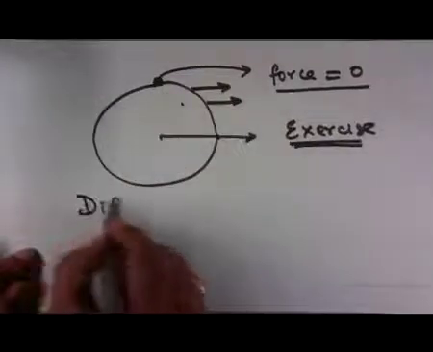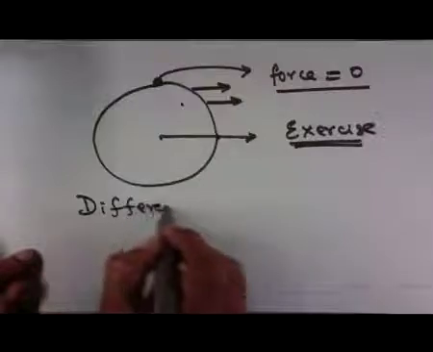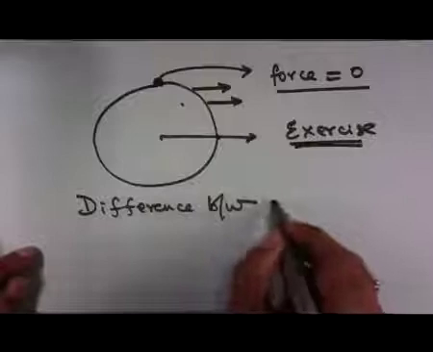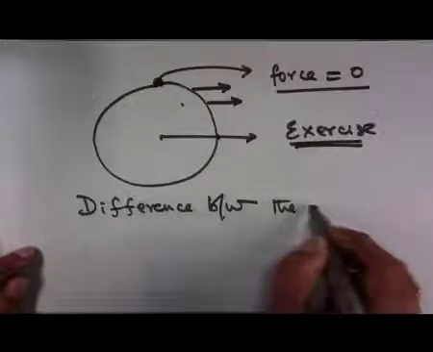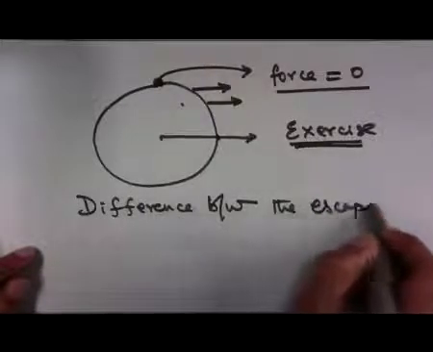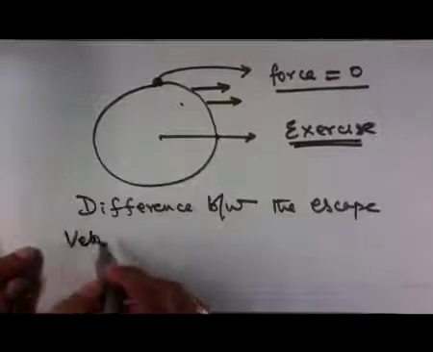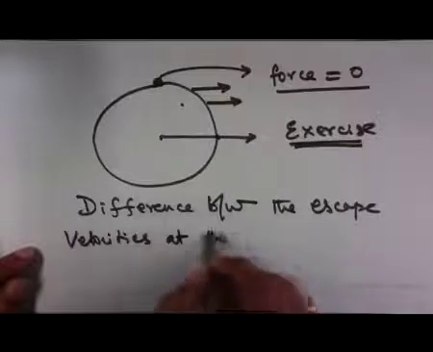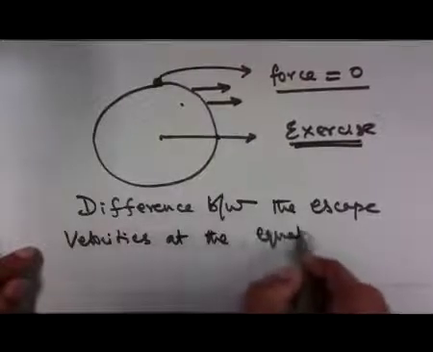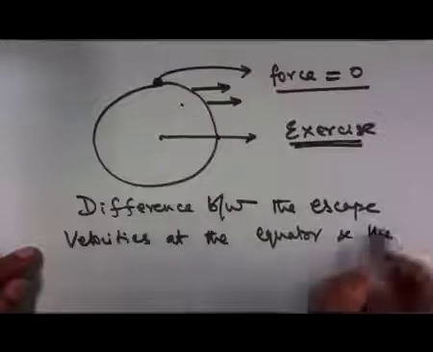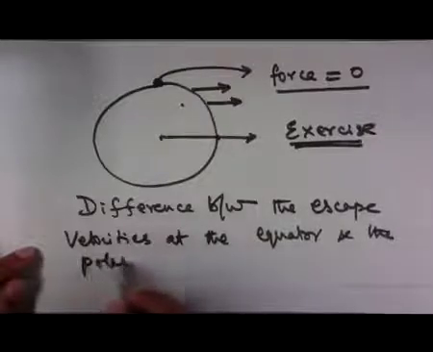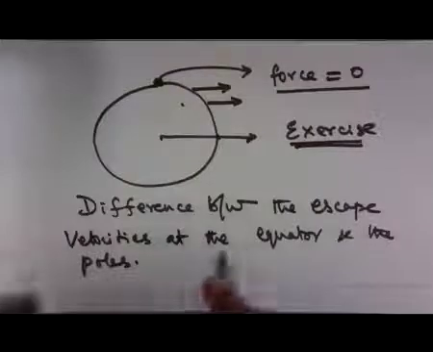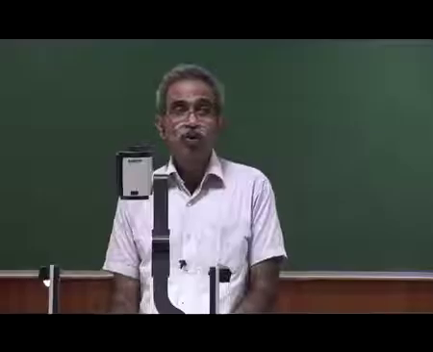So the problem is the difference between the escape velocities at the equator and the poles. By the same token, the escape velocity will also depend on how you throw the object.